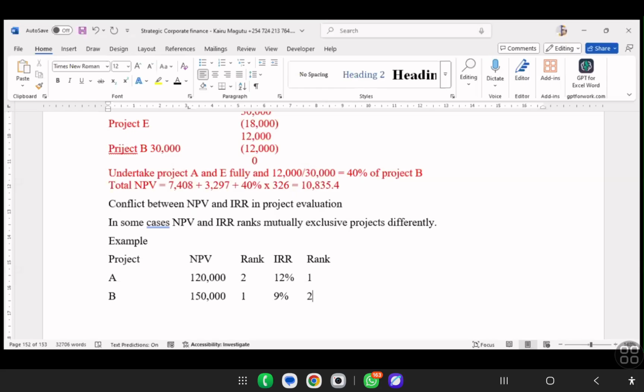So when you look at this, it automatically puts you in a situation where you don't know which project you would undertake. NPV says project B, IRR says project A. This is what we call the conflict in ranking between the IRR and NPV in project evaluation.